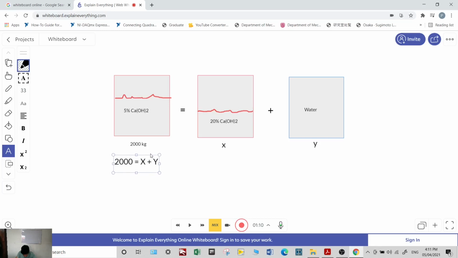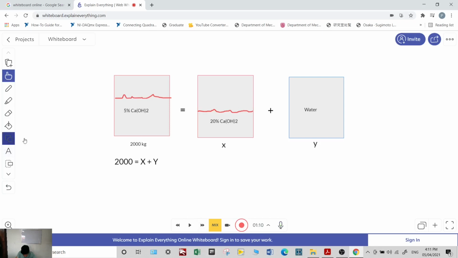Okay, so that's it. And then by virtue of conservation of mass, the amount of calcium hydroxide in the 20% solution does not change when you add water. Rather, the amount of solvent, which is water, is neutral, you just slightly lower the concentration.